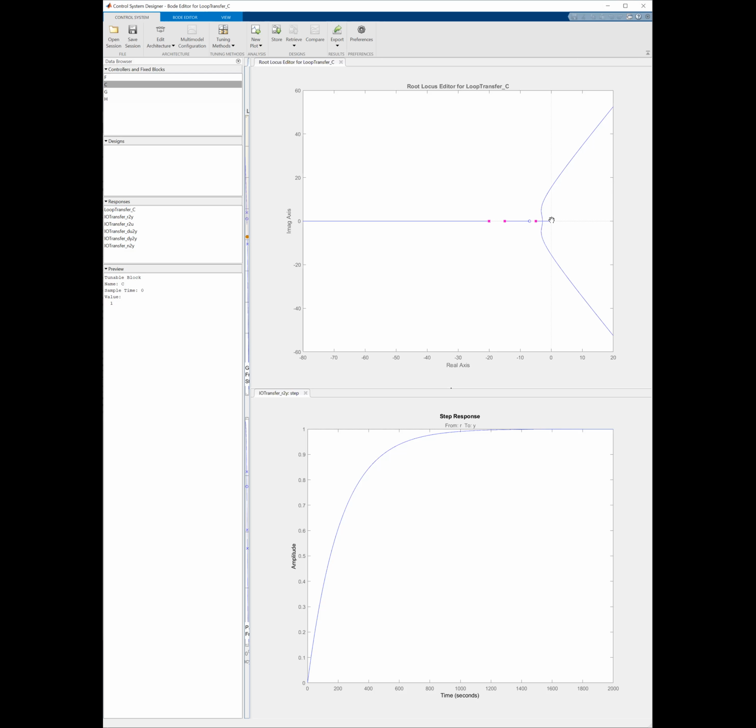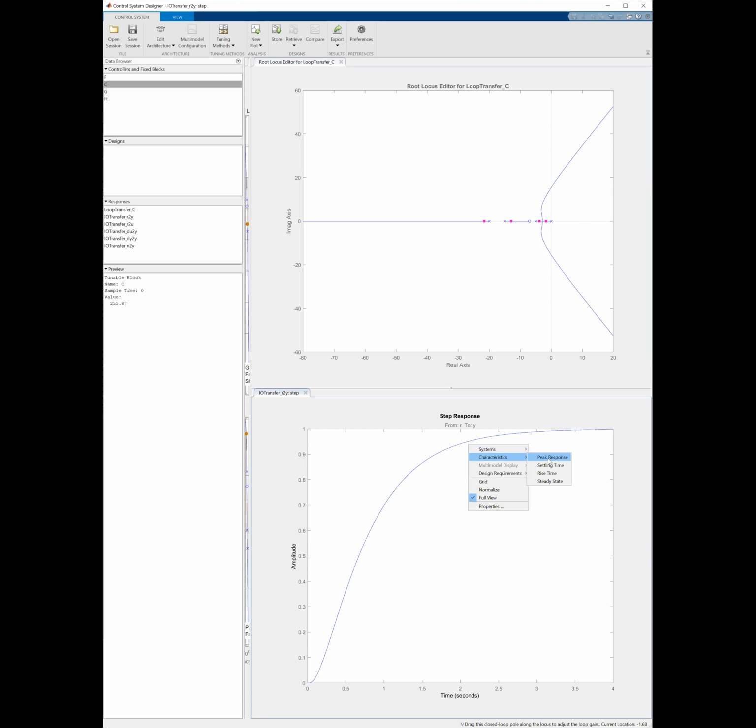Now I am going to drag the pole, and I want you to observe what happens to the step response. Can you see that as I start dragging the pole, my step response changes? And here I can actually add the characteristics.